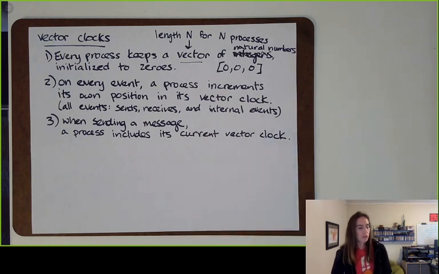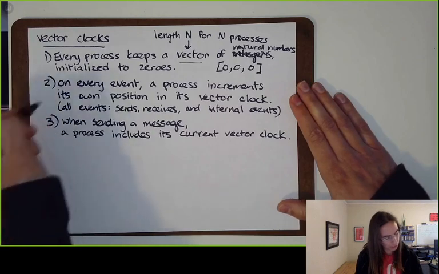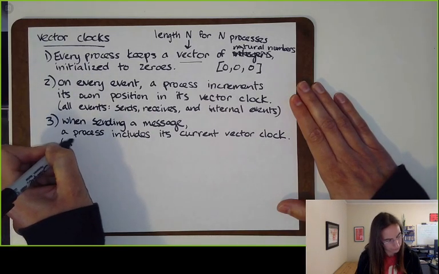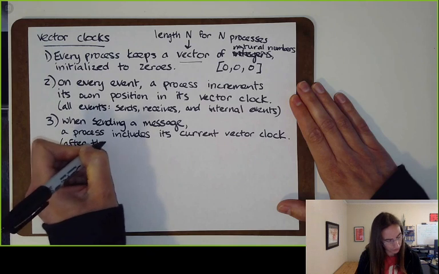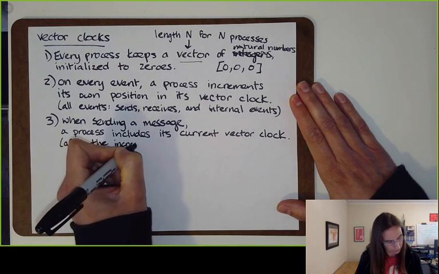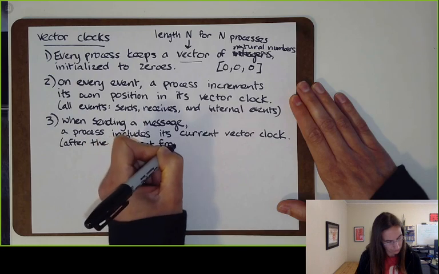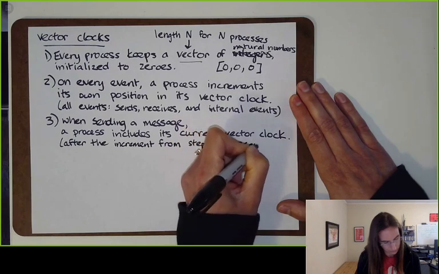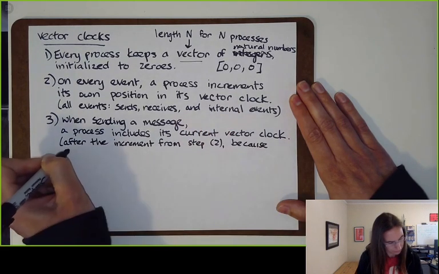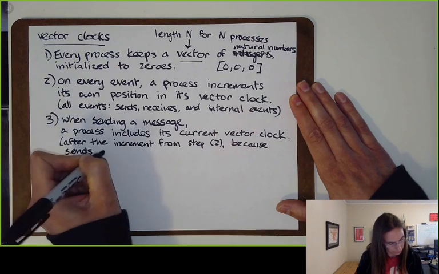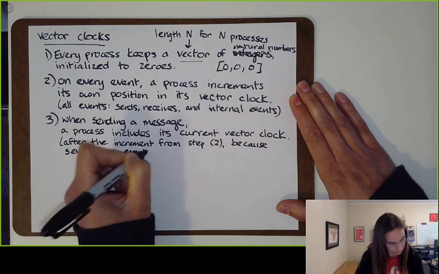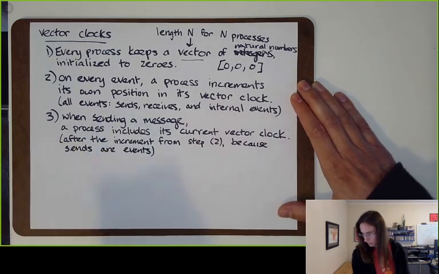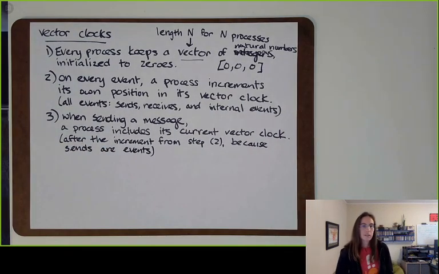When you send a message, you're going to attach this extra thing to the message, which is your current vector clock. And this is going to happen after the increment that happened in step 2, because a send is an event. Okay, that covers sending.